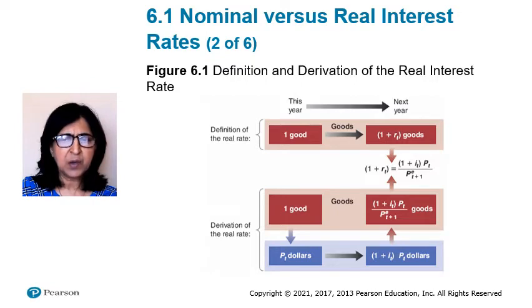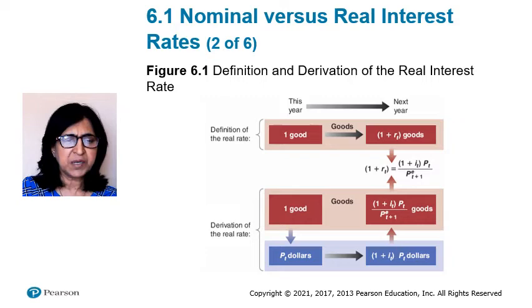Lowercase i with subscript t represents the one-year nominal interest rate. I shall call it i_t. Uppercase P with superscript e and subscript t plus 1 represents the expected price level after 1 year. I will read it as P^e_t+1.